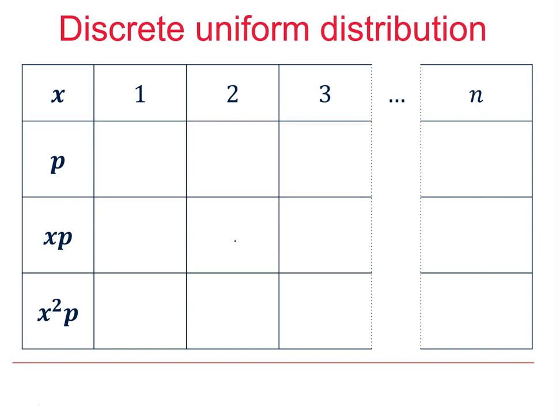So if we just have a look at our discrete uniform distribution, we don't know the value of n, but we do know the probability for each outcome is 1/n. And then if we want to look at getting a generalized result for the mean and the variance for a discrete uniform distribution with a range of outcomes 1 to n, then we're going to have to look at x multiplied by the probability and x squared multiplied by the probability.